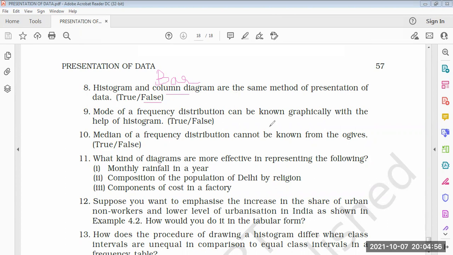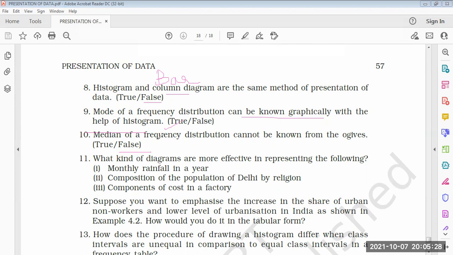Ninth one, mode of a frequency distribution can be known graphically with the help of a histogram. Is it correct? True, sir. Median of a frequency distribution cannot be known from the Ogives. What is the answer? False. Yes, it is false.